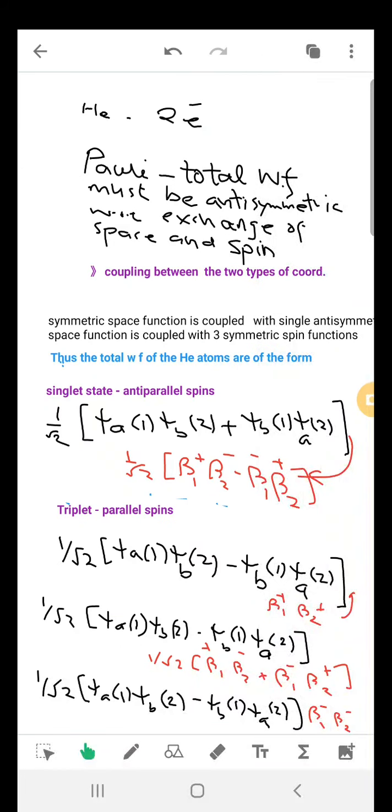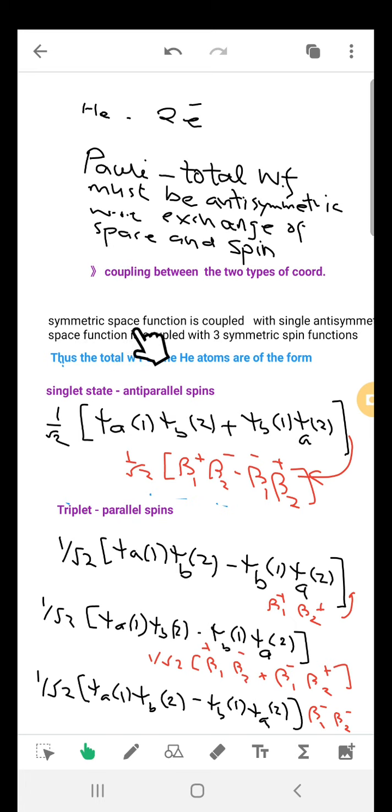Now, in helium we have only two electrons. So according to Pauli's exclusion principle, the total wave function must be antisymmetric with respect to exchange of spin and space coordinates. So to make it antisymmetric, to follow Pauli's principle, we need to couple the two types of coordinates, that is spin and space.